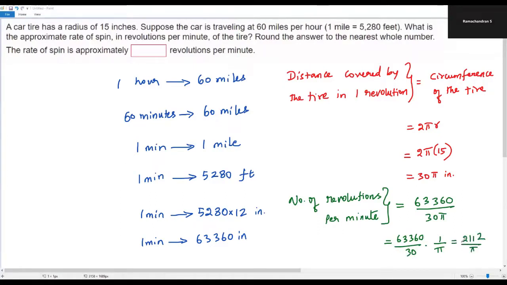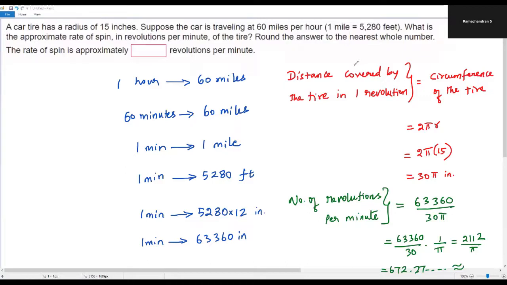We can use a calculator to divide 2,112 by pi, since we can get the value of pi directly from the calculator. I am getting 672.27, and it keeps going. According to the question, I have to round it to the nearest whole number.